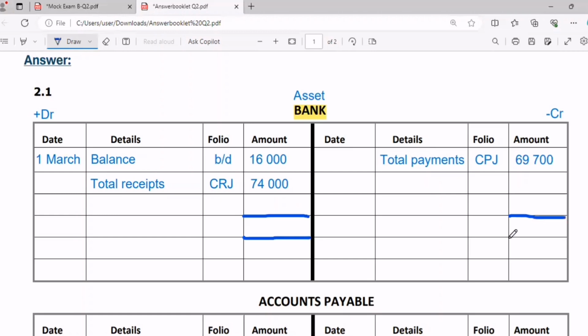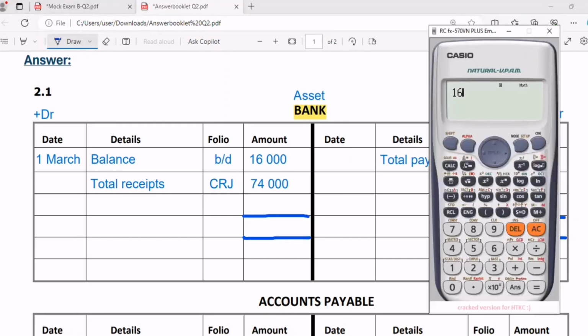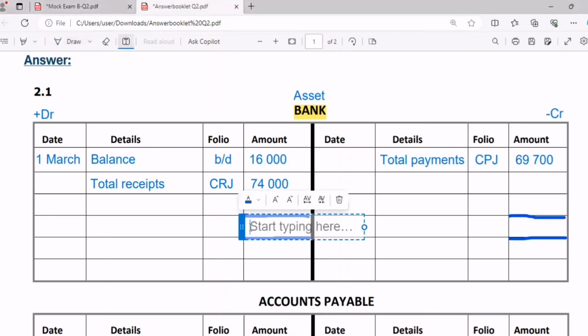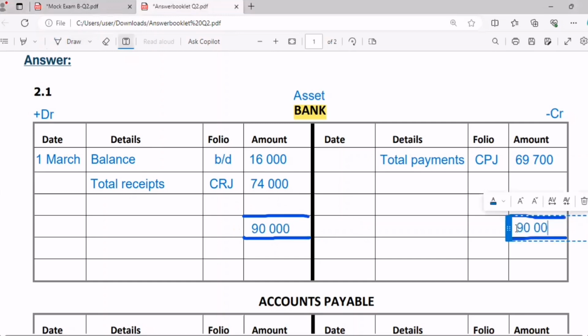So on the debit side, we have 16,000 and 74,000. So we're gonna add the two balances and get the total, 16 plus 74, that is 90,000. So 90,000 is recorded here, like you record it on both sides, 90,000.